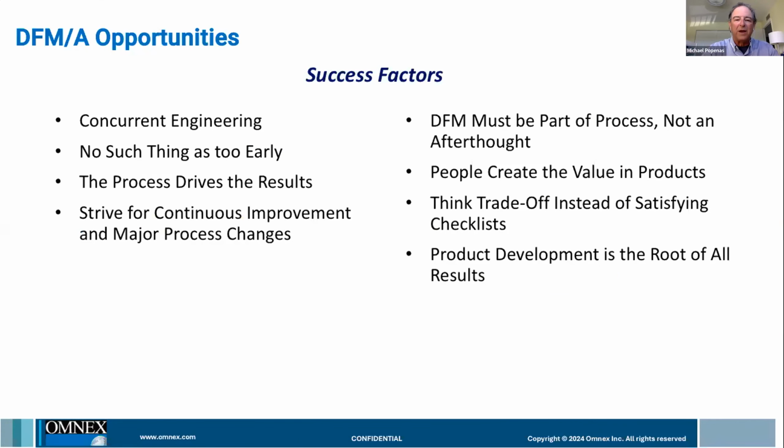So what are some of the success factors we mentioned already? Concurrent engineering. There's no such thing as starting this early and having a process and a procedure, a process that everyone follows. Let me just mention again, in my experience with design for manufacturing and assembly, almost everywhere we've gone, everyone says, oh, hey, Mike, we already do this. I work with a lot of designers and engineers, absolutely bright people, and all the time they say, yeah, I know, I always think about this when I do this.